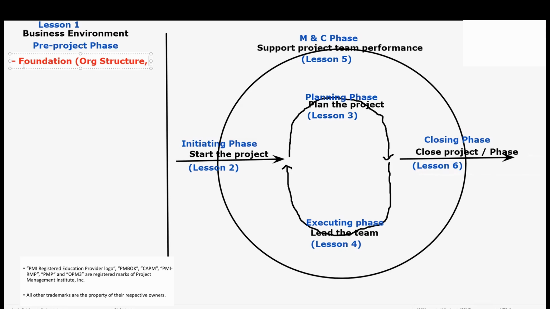Along with that, we need to know what are the enterprise environmental factors and the organizational process assets, because we need to know what are the political and the social factors we need to be aware of, and the templates and the lessons learned that we need to take on. All those must be evaluated.